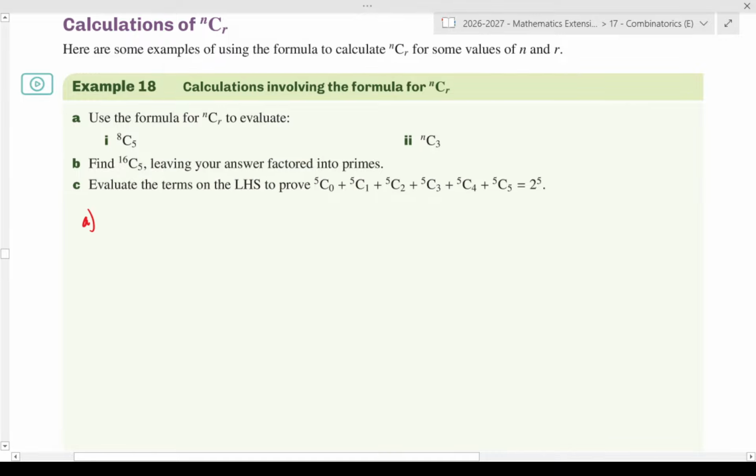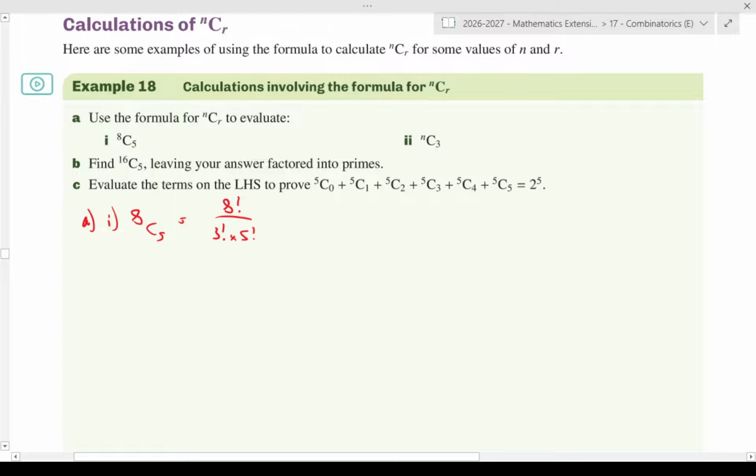So we're going to go A, and we're going to go i, and we're going to go 8C5. And this is on the calculator, but we're going to do it not on the calculator. So that is going to be 8 factorial over 3 factorial times 5 factorial.